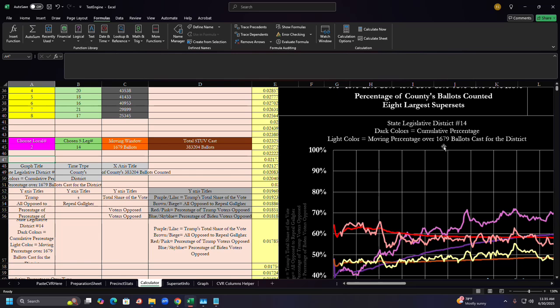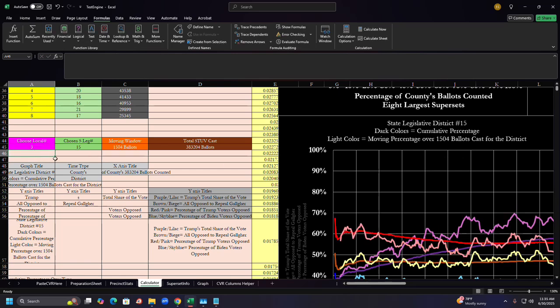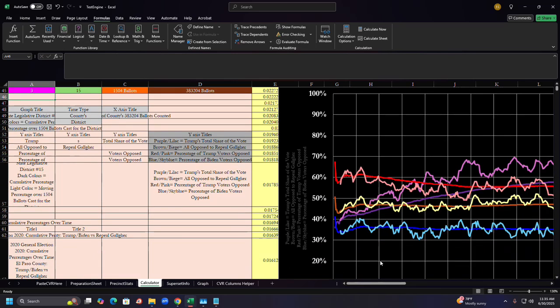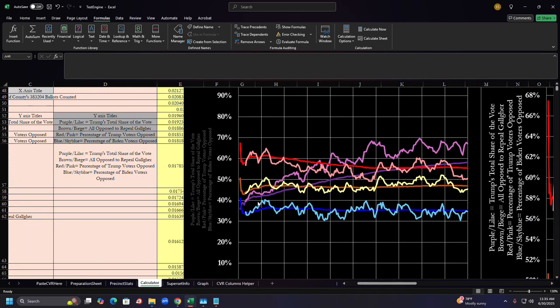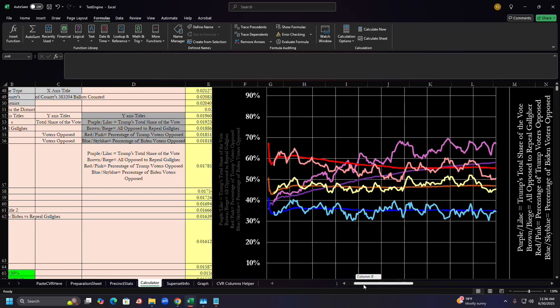This is a 1,600 ballot window. 1,500 ballot running window. And again, the light purple is Trump's immediate share of the vote. Light red is the immediate Trump opposition rate to repeal Gallagher. The yellow beige line is the immediate share of the vote that's opposed to repeal of Gallagher. And blue is the immediate Democrat or Biden opposition to the repeal of Gallagher.